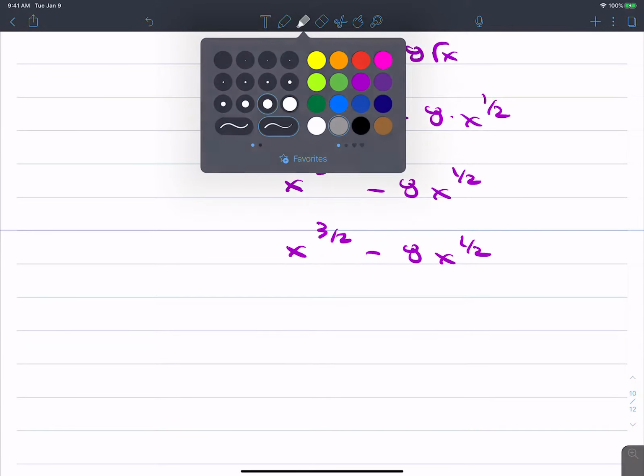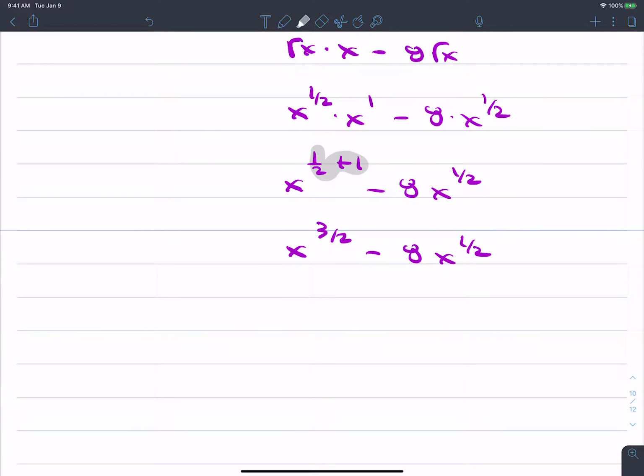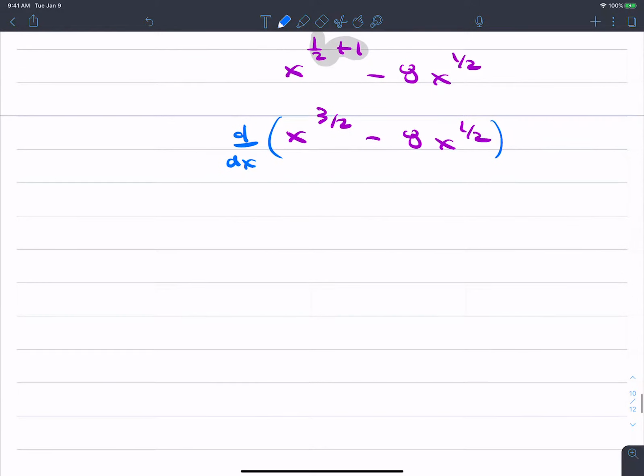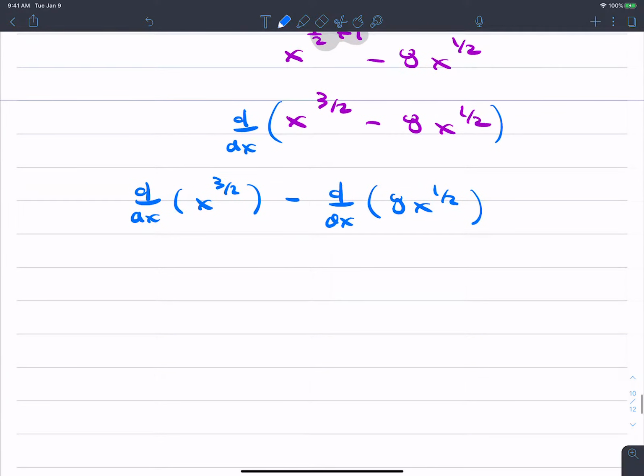Just doing some arithmetic. Don't forget to differentiate. And you're differentiating a difference. Pull out your constant.